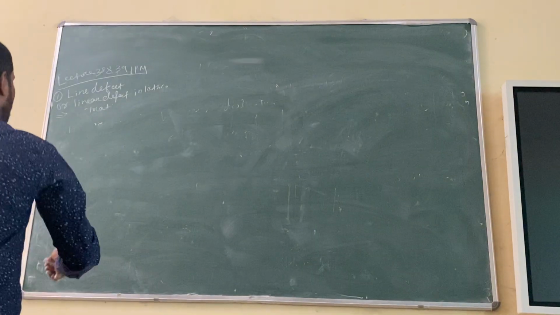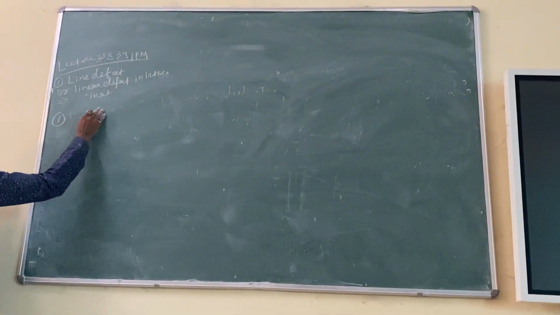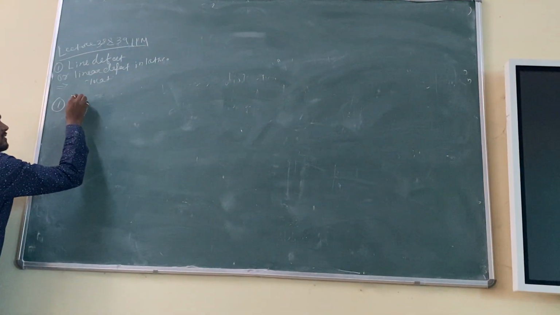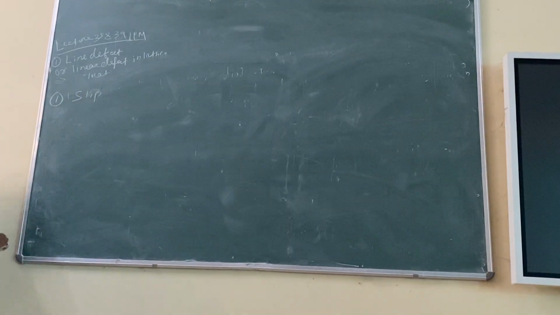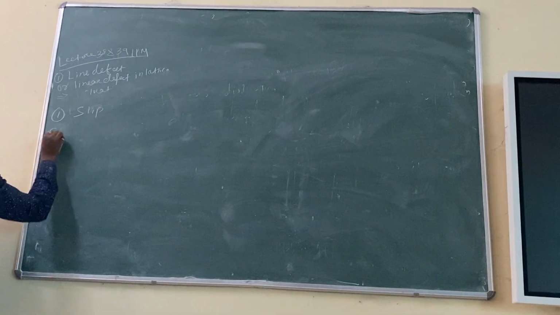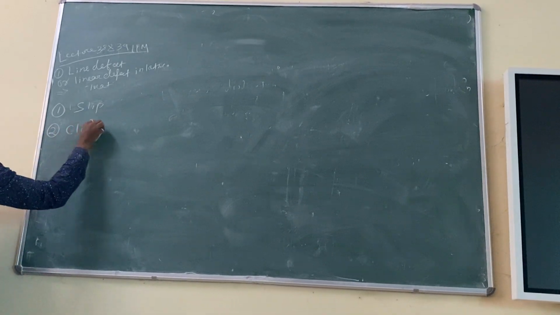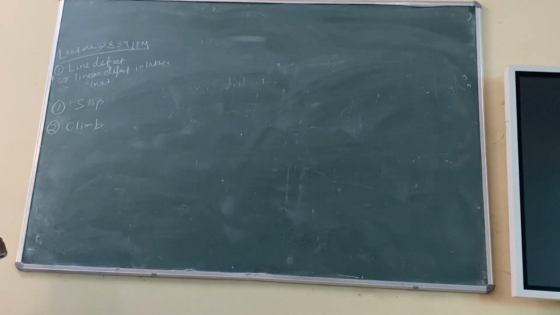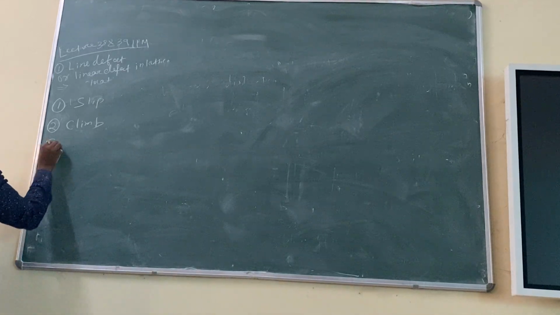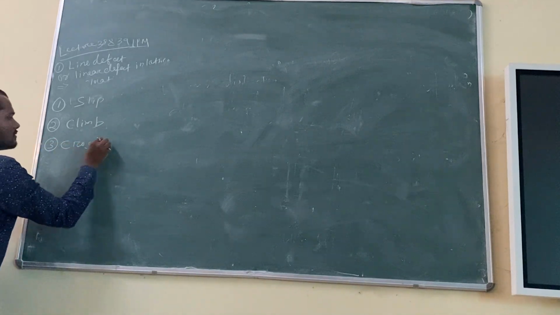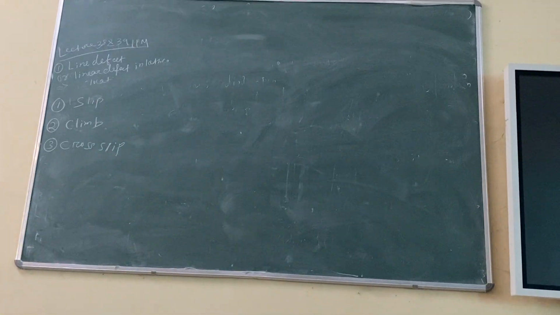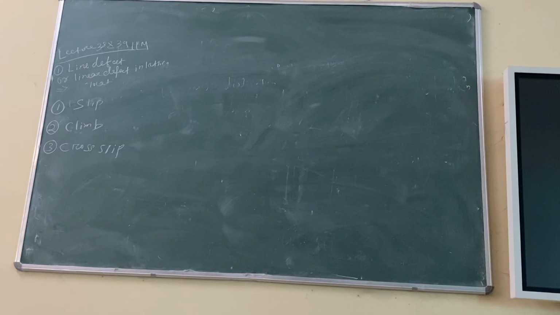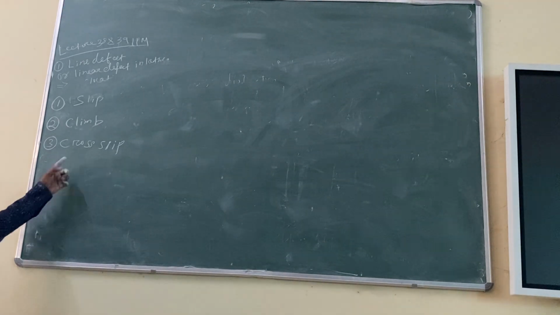So dislocation can move by either slip or climb or by cross slip. These are the three ways the dislocation can move. Slip, climb or cross slip, right?